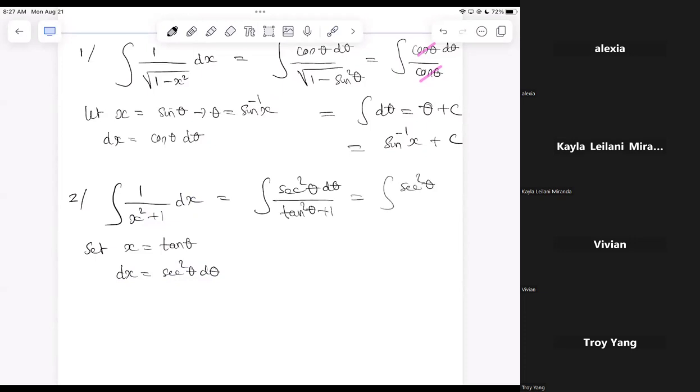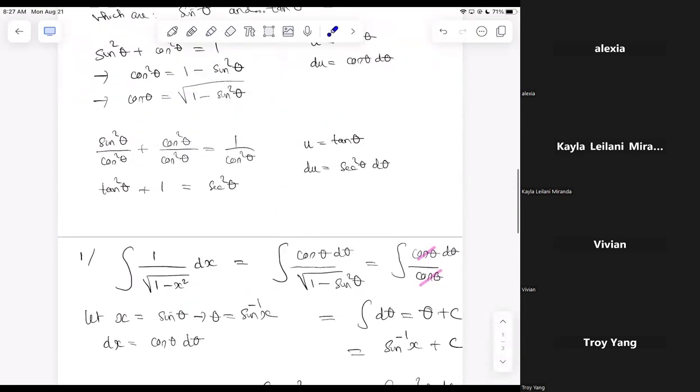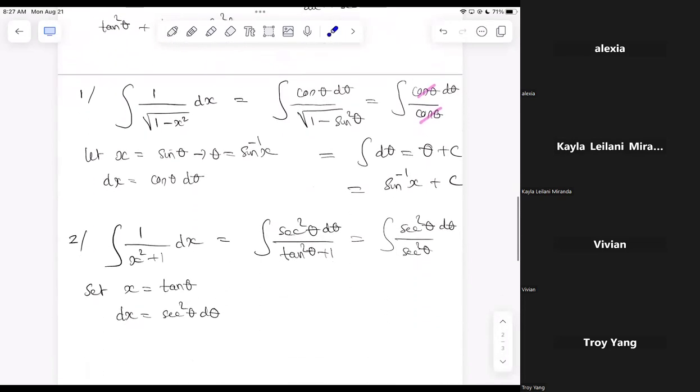I keep the top. Tangent square theta plus 1 is equal to secant square theta, right? Because I have this formula right here, so I can cancel that out. I can get the integral of d theta, right?